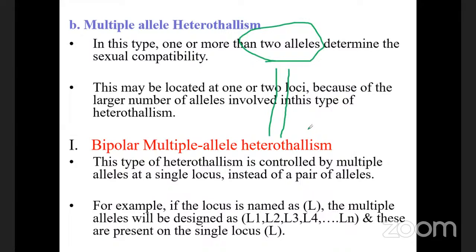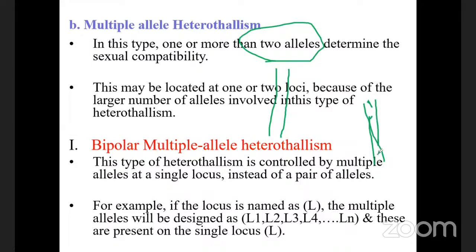Okay. The first one is bipolar multiple allele. This type of heterothallism is controlled by multiple alleles at a single locus, at the same location, different types of alleles. Suppose capital A, small a, and capital B, small b.